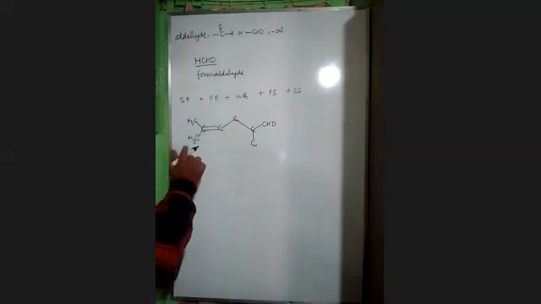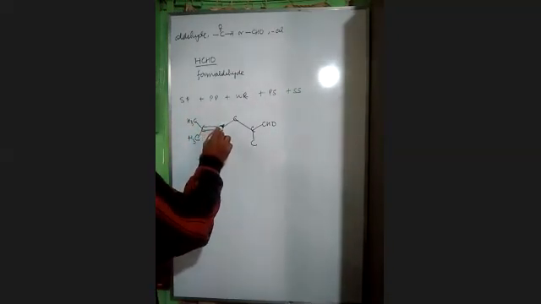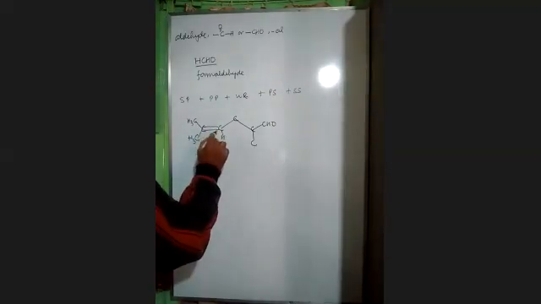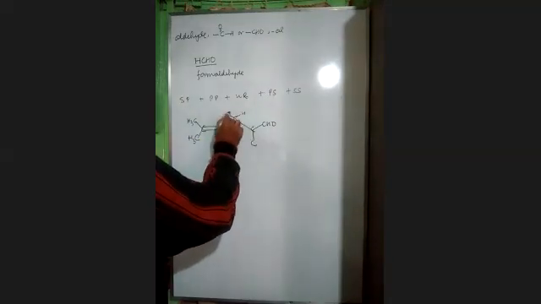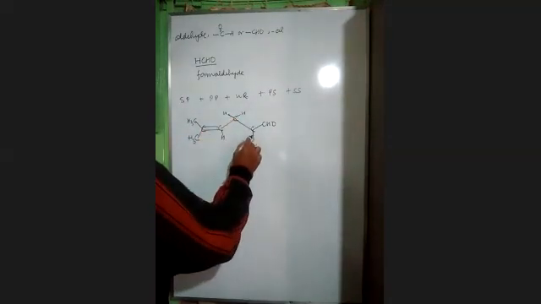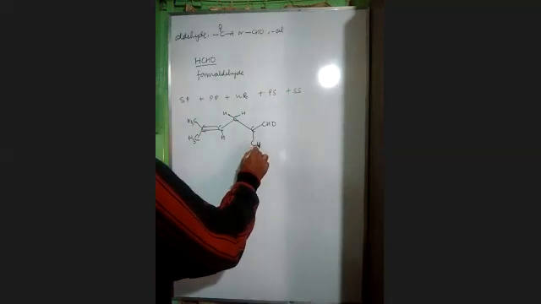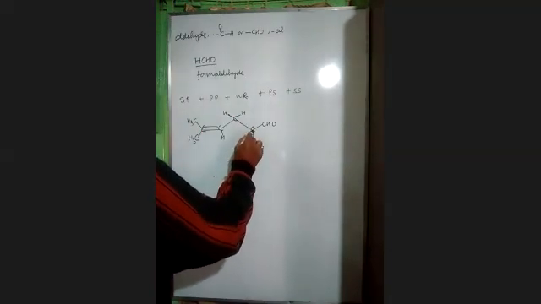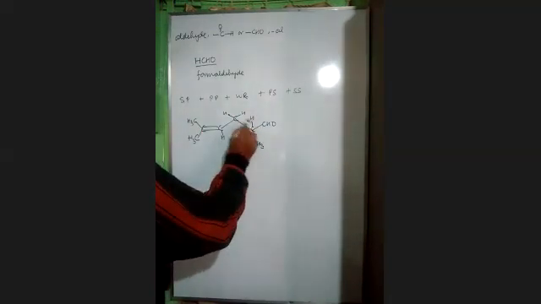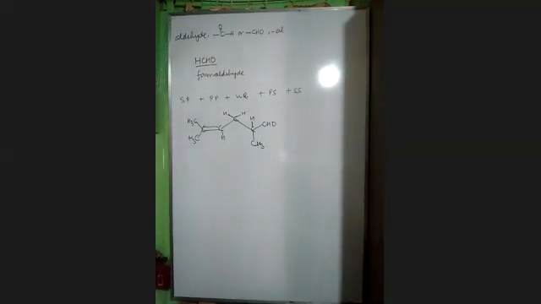So no hydrogen. 1, 2, 3. 4 minus 3 is 1. So what will you have here? Hydrogen. 4 minus 2, 2. 4 minus 1, 3, so it will be CH3. 4 minus 3, 1. So this is your molecule. Now write down the name.